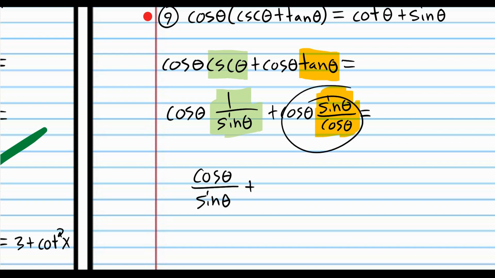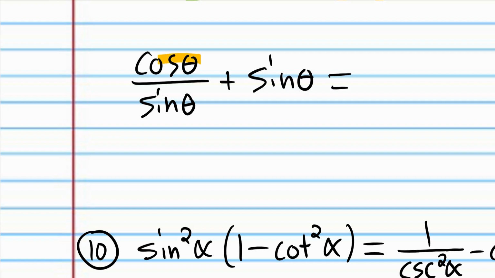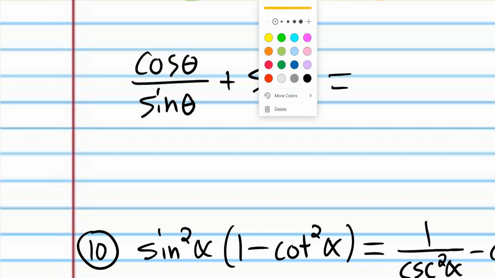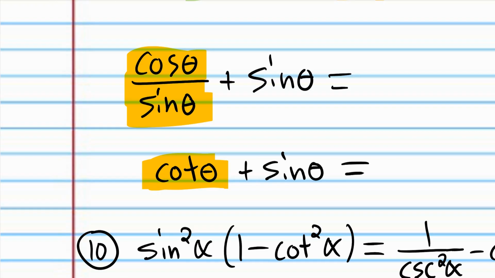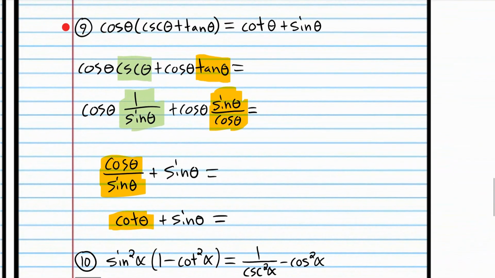And when we multiply these terms, you can see that the cosine thetas cancel out. And this is a ratio identity. Cosine theta over sine theta is cotangent theta. So there you go, and we can put a check mark.